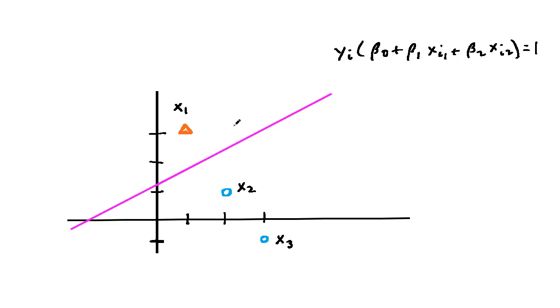So x1 and x2 satisfy this equation, hence x1 and x2 lie on the margin and are therefore support vectors. You can imagine here, if we draw a line here and here, forming a slab, x1 and x2 lie right on the edges.